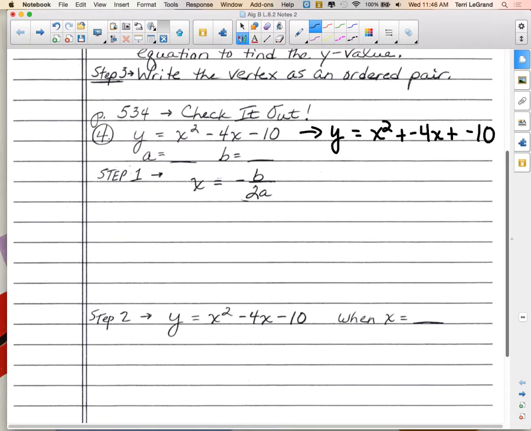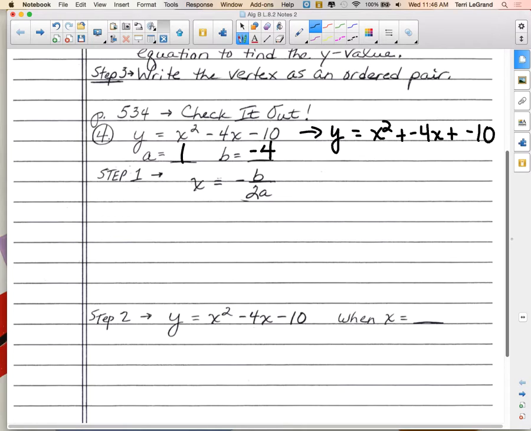Do you think we need the c value if we're going to find the axis of symmetry? No, we only need the a and b, don't we? So our a value is 1, our b value is negative 4.